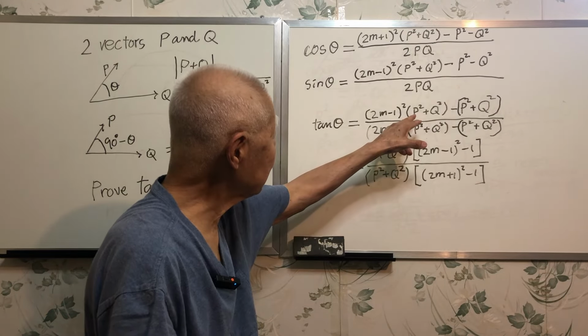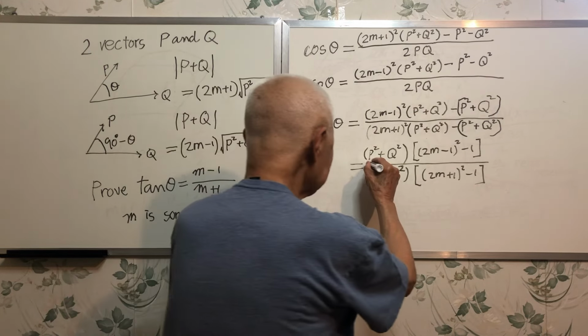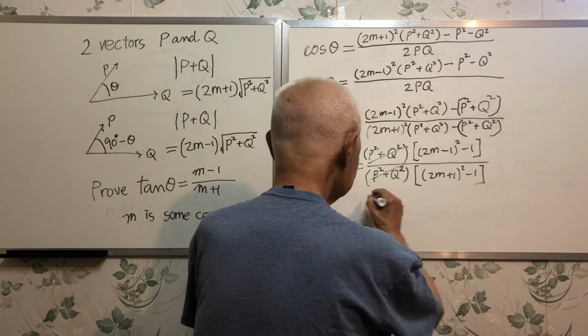Factor the p squared plus q squared out. I get this, and then I can cancel that. I only have this part.